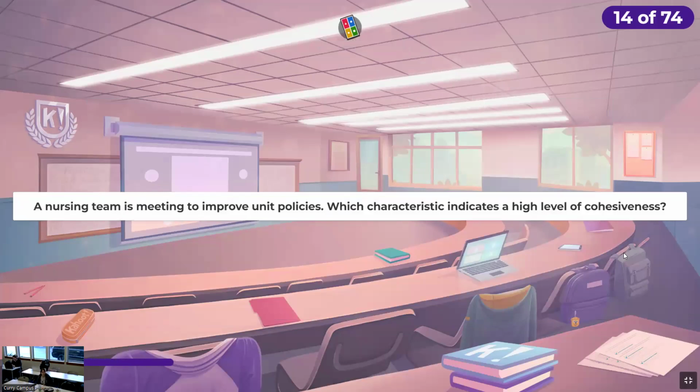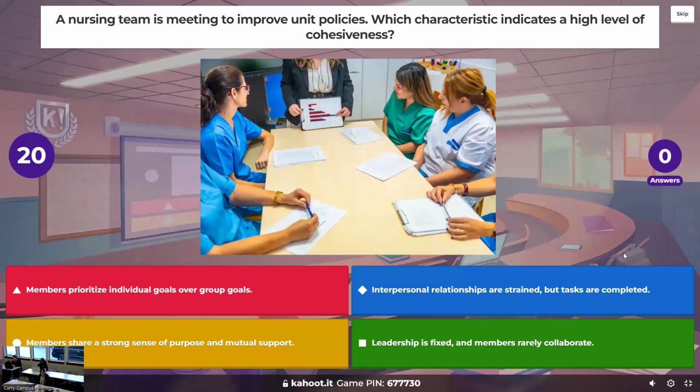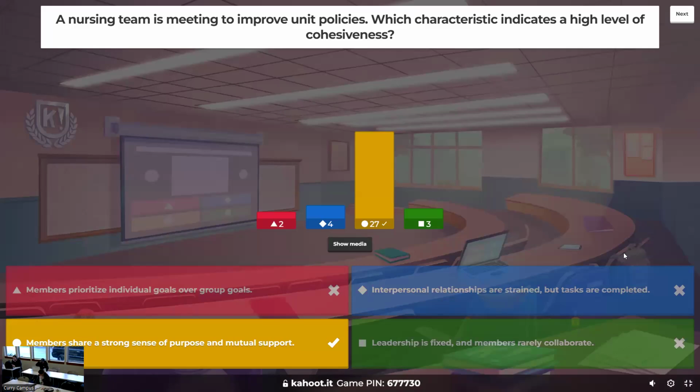Right. A nursing team is meeting to improve unit policies. Which characteristic indicates a high level of cohesiveness? Making notes for the next Kahoot.